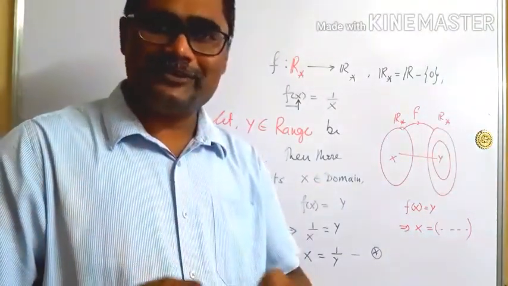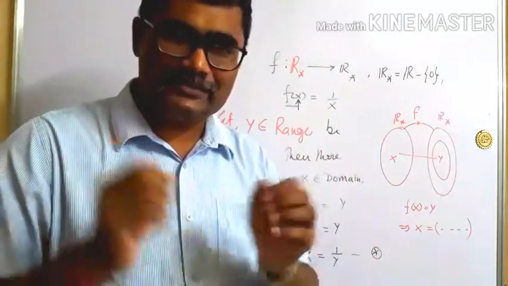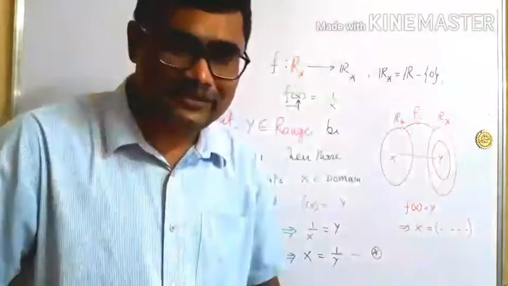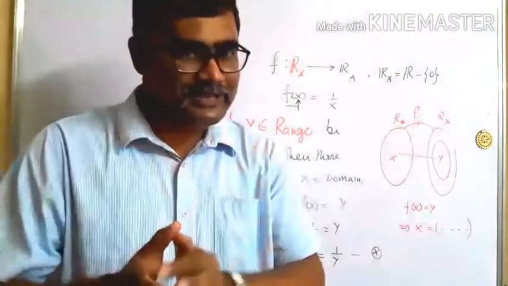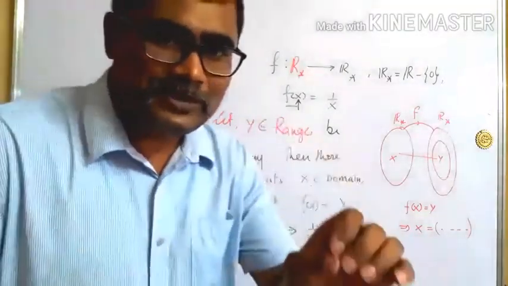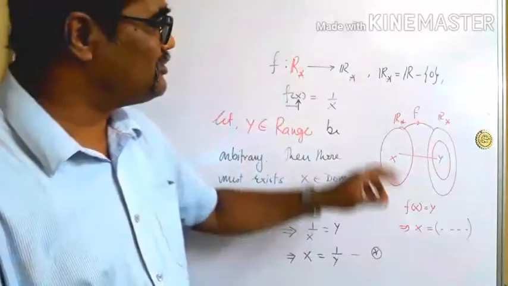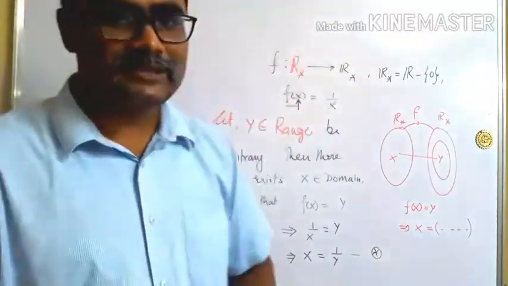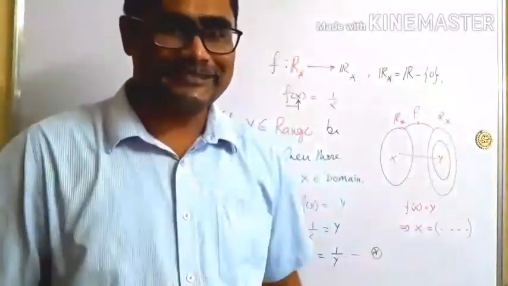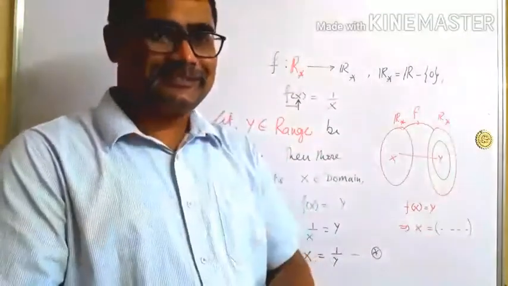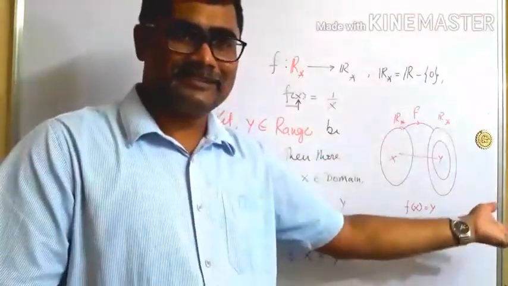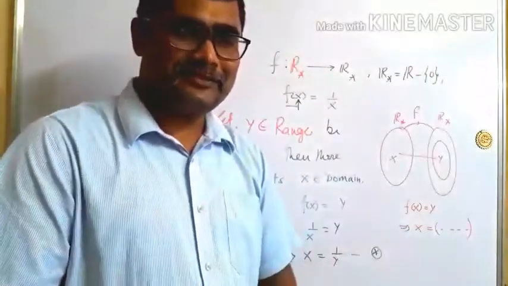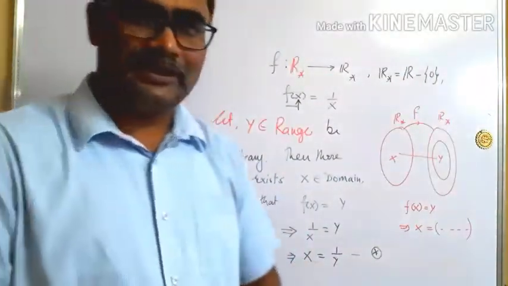That means y should take all real number values except 0. Am I clear to you? It is very clear from here. One more thing, if you observe, we already mentioned that this is R star. 0 has already been excluded. So whatever value you pick from R star, that is the right hand side, it will give you a real number.